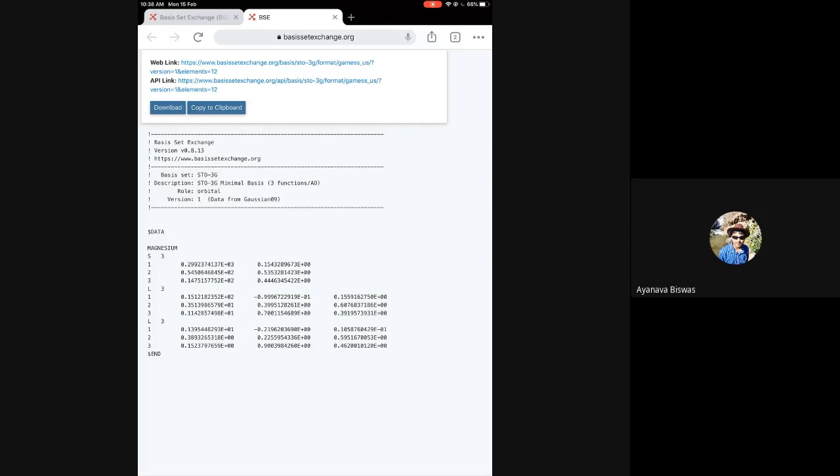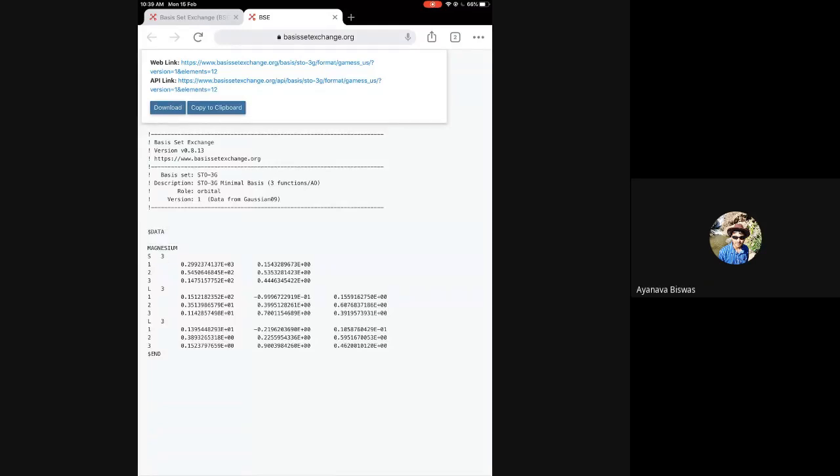This should also be an S type. Magnesium's atomic number is 12, so 1s2, 2s2, 2p6, 3s2. So I should have every, so 1s2, 2s2, no, that will not work.